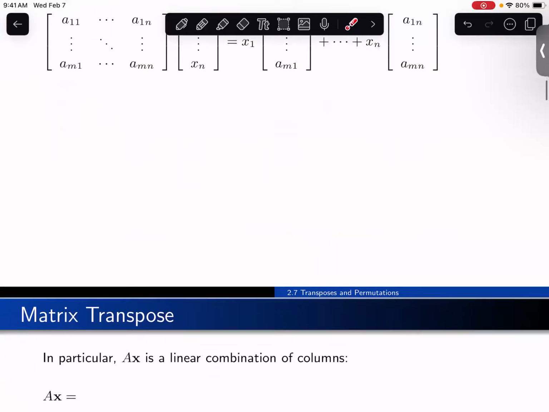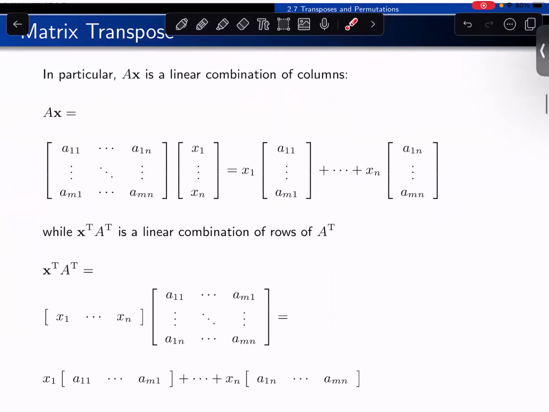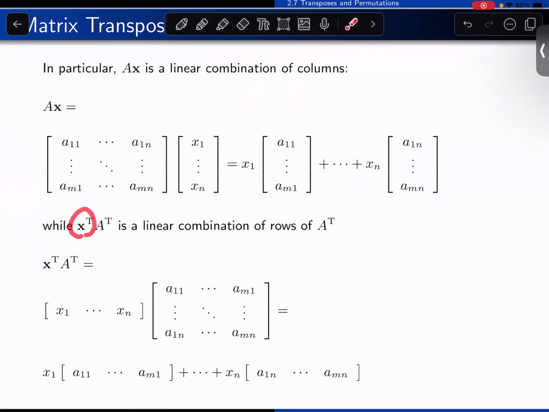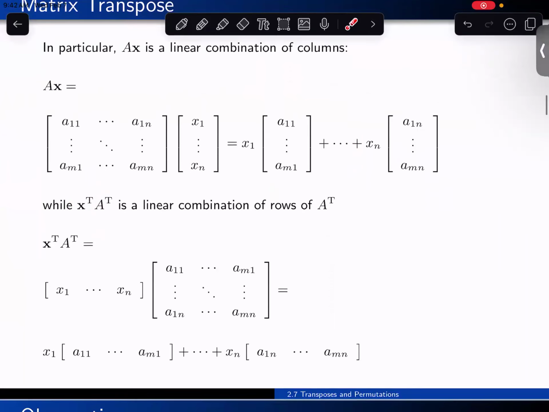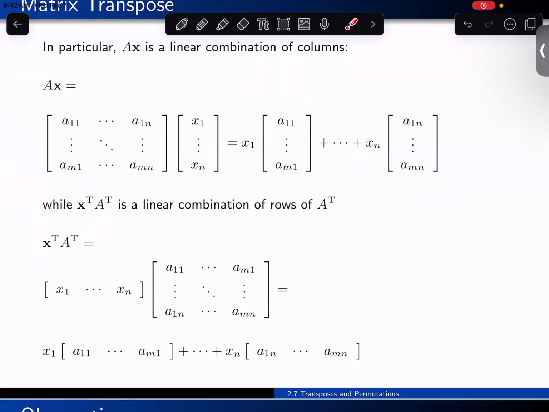Something interesting is that if we were to consider the transpose of X multiplied by the transpose of A, we would end up getting the following product. This is just the definition. The transpose of X would now be a 1 by n matrix, and A transpose is still going to be an n by n matrix, except now the first row is the first column. So this is A transpose right here. If you multiply these two matrices together, you would see that this product can be represented as a linear combination of the rows of A with weights x1 to xn.